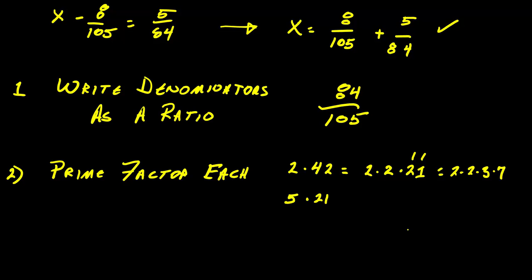Once again, 21, we already know that 21 has the factors of 3 and 7. So this would be 5 times 3 times 7. And then step number 3 is get the greatest common multiple.